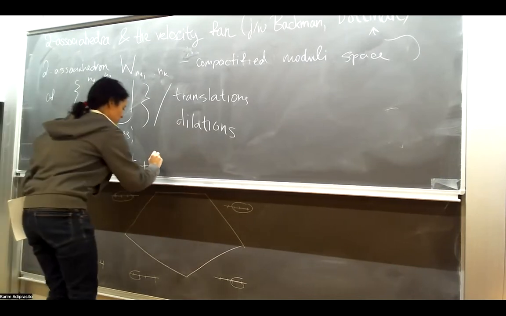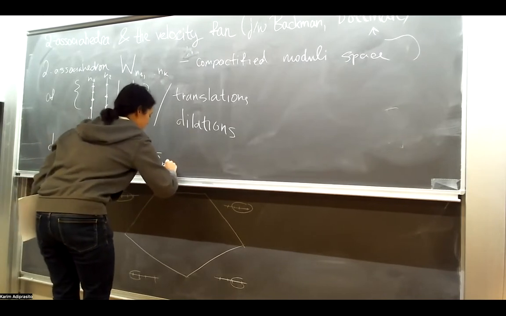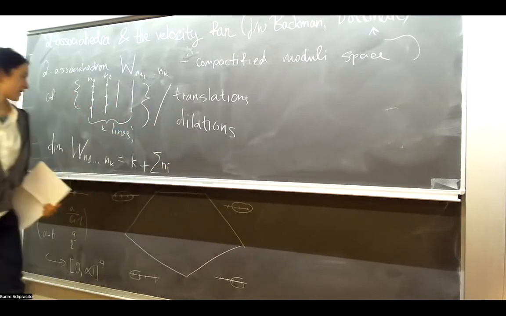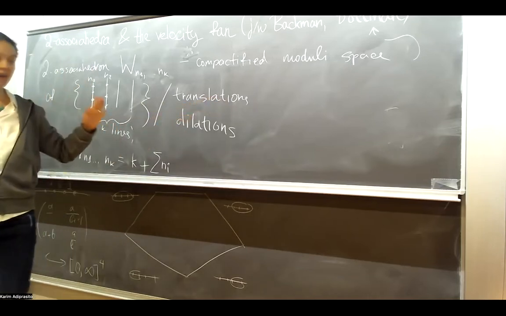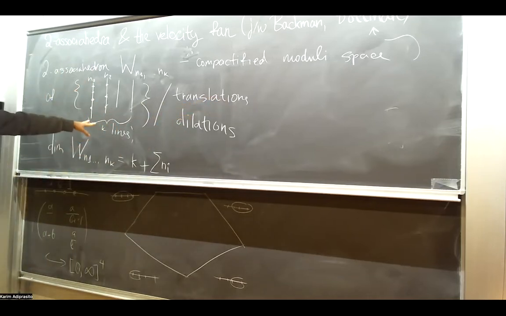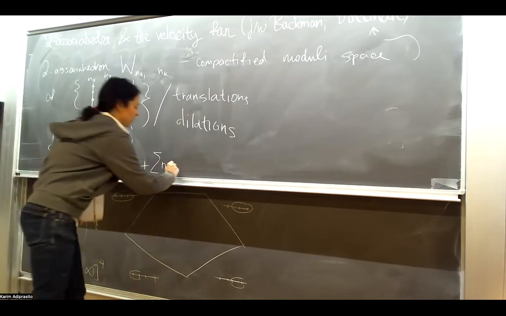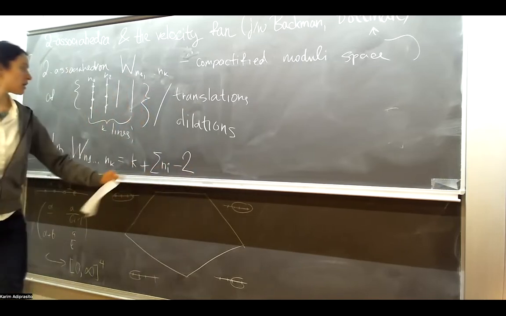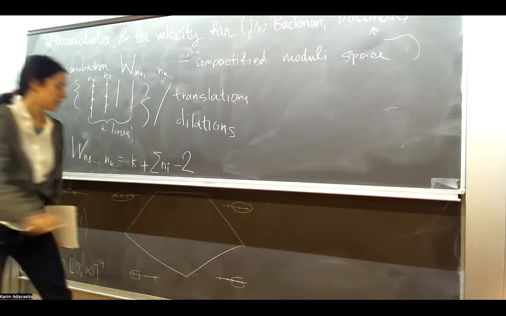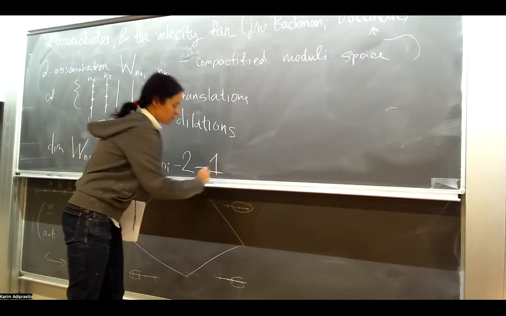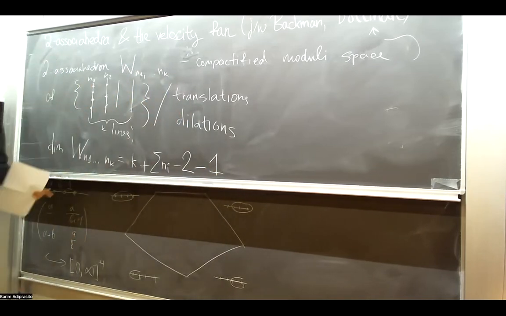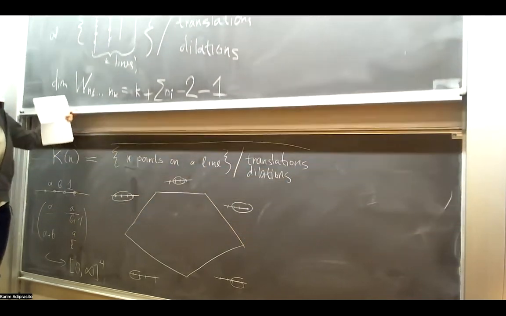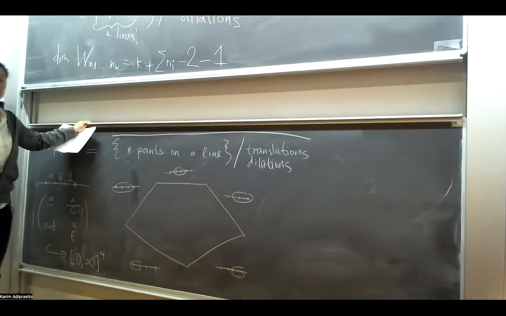That gives you the sum of all n_i. And then translations here, they happen already in the two-dimensional space because this lives in R^2, not in R^1. So you lose 2 items of dimension on translations and still 1 for dilation, because dilations happen simultaneously in all the directions. So this is the dimension count.